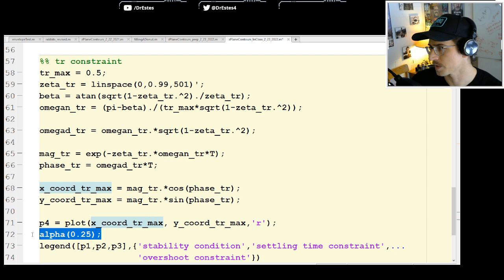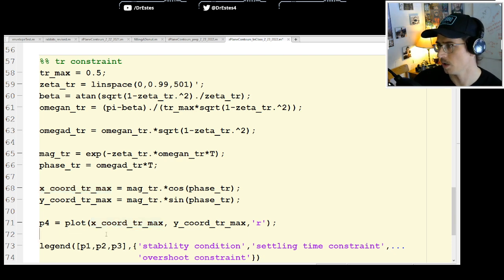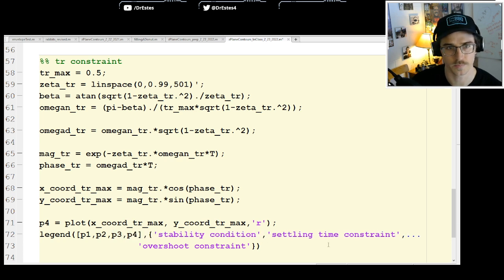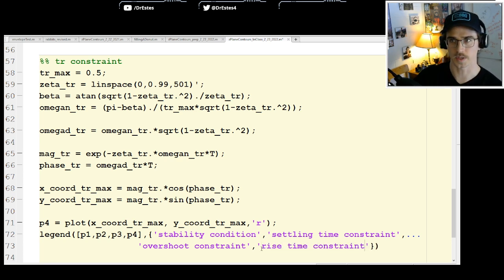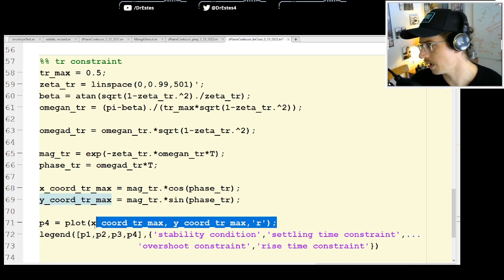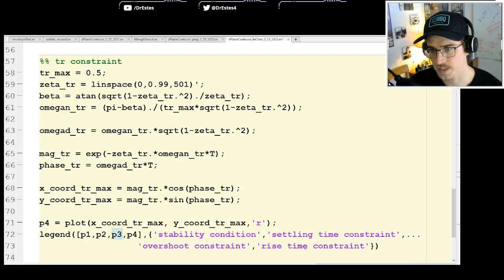I'll even get rid of this alpha, because I don't need it to be transparent. So this is just plotting the x and y. We'll make a red line. But let's add something to our legend. So we'll add P4, and then I'll say it's the rise time constraint. Okay, so we're not filling yet. We're just going to plot a line. So I just want you to see this line.